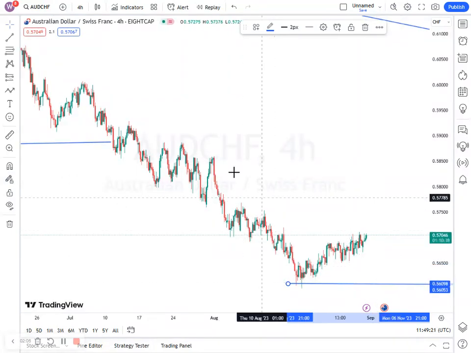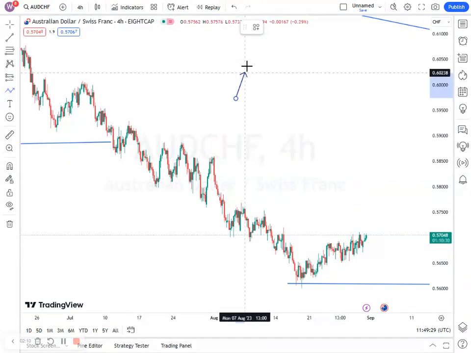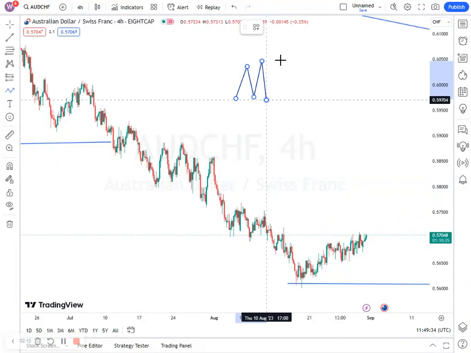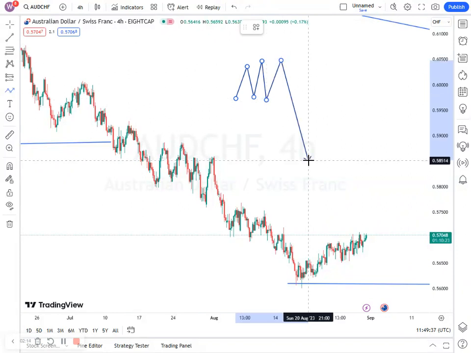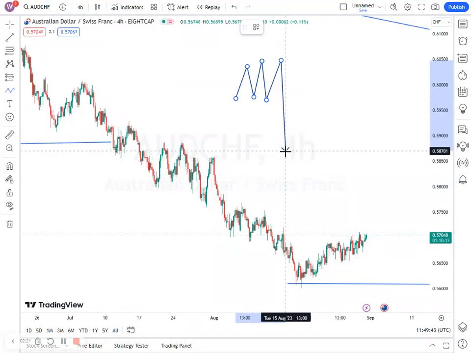And remember the pattern that I showed you guys in the other video, whereby I was illustrating this range, whereby you have an initiation. This line I'm drawing here is for the initiation, whereby you have a massive drop to the downside after the range.